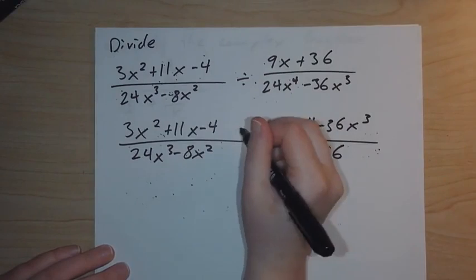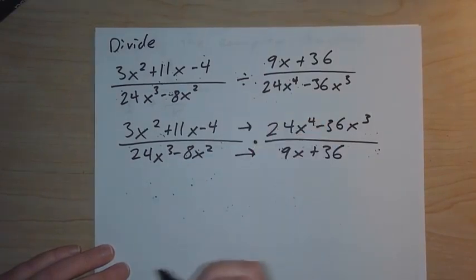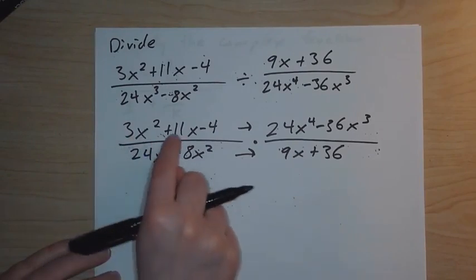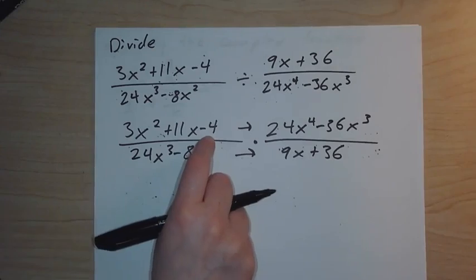And you can go straight across, but what I would do is I would factor each of these separately. So for the top one, we have 3x squared plus 11x minus 4.